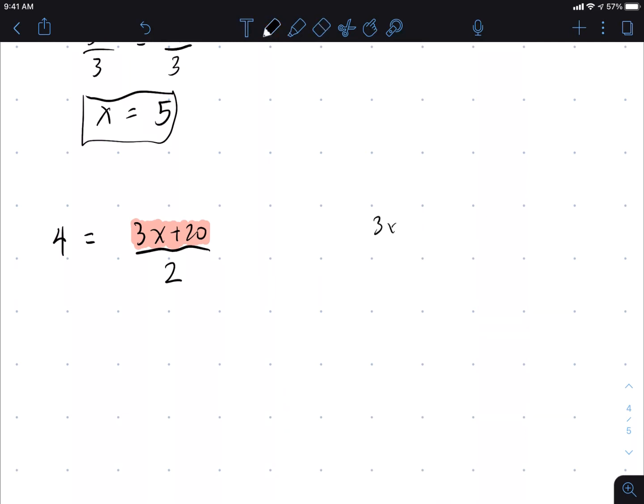So I can say 3x plus 20 is equal to 8. Now look at it this way. I'm attacking it differently this time. How much would I need to spend if I had $20 to only have $8 left? 16.